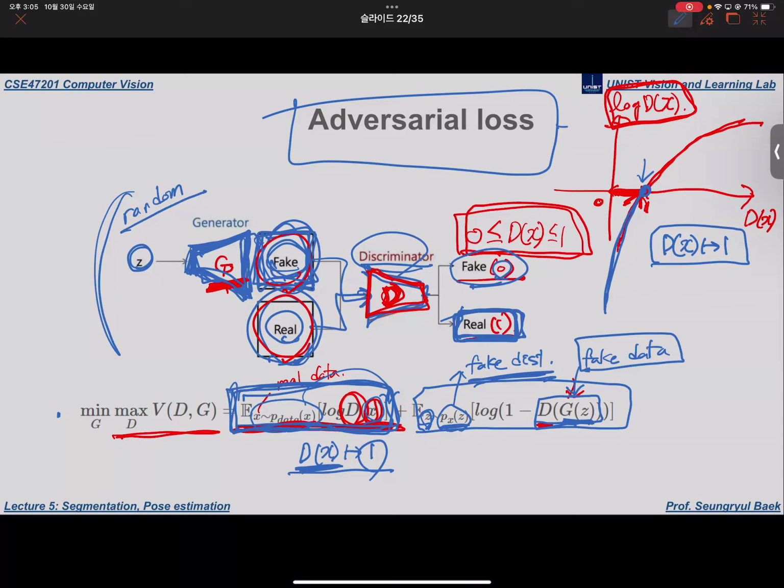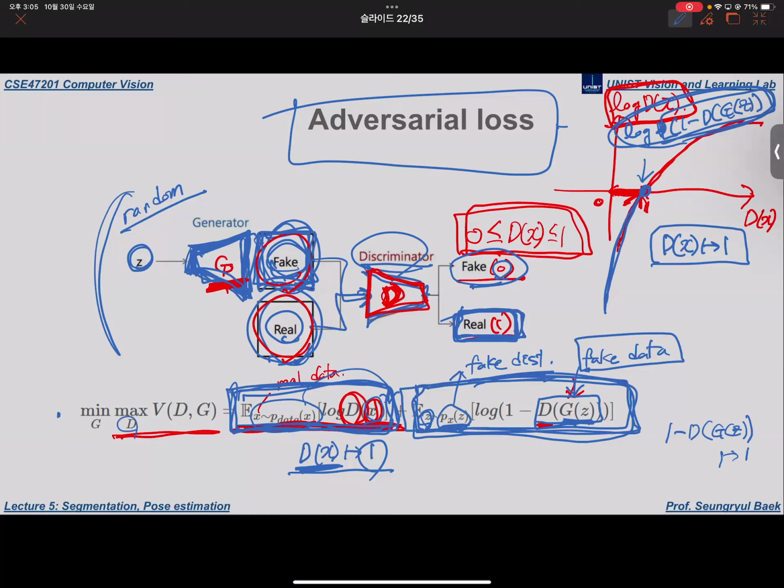So if you draw the same graph for this, then you can notice that the inner part has to go to 1 to maximize this term. So this overall term has to be maximized with regard to D. To maximize this, the inner term has to go to 1.